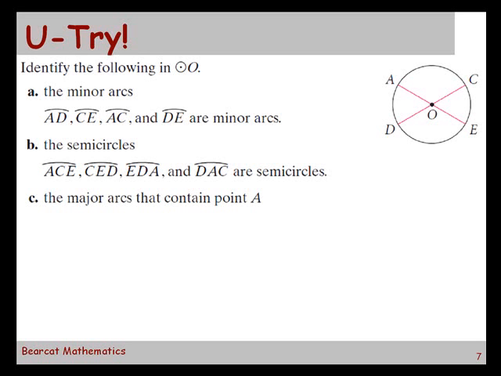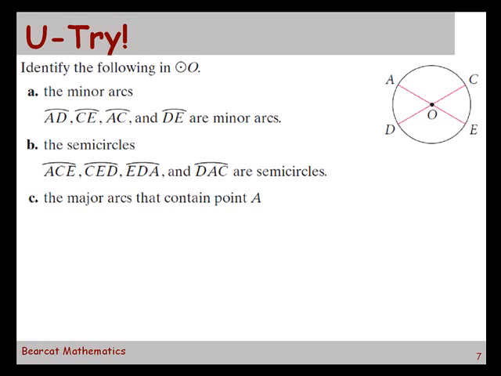EAC is the same as CAE, the other one we said. I think there's another one or two. AEC. That contains point A, right? It's an endpoint, but AEC is one we haven't said yet. And somebody said another one, I didn't catch it.